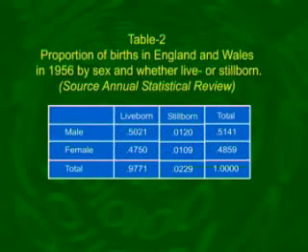And the proportions of births in each of these 4 categories are 0.5021, 0.0120, 0.4750 and 0.0109.